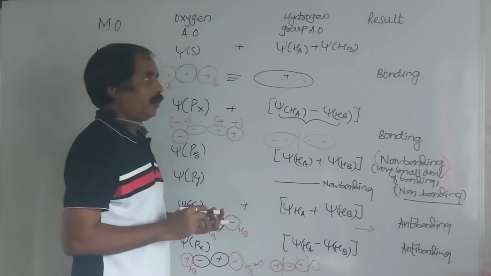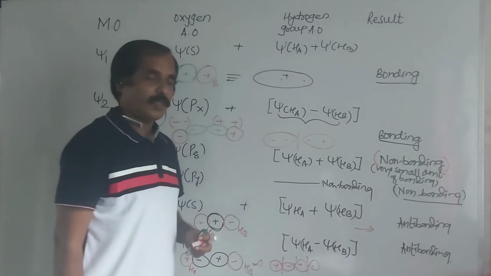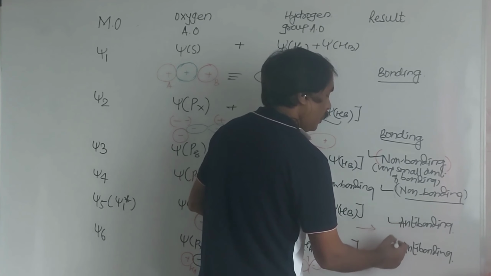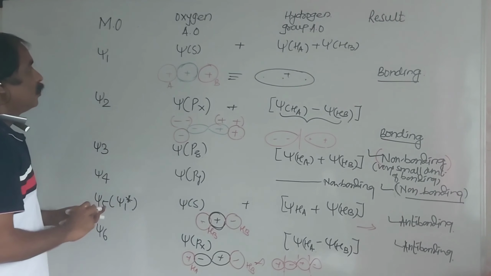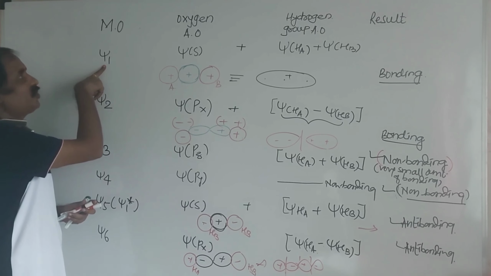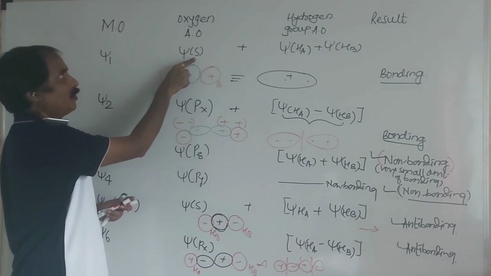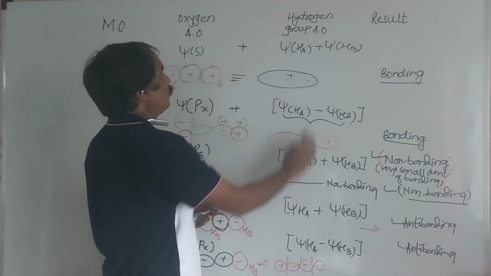So in case of water, two are bonding molecular orbitals, two are non-bonding, and the remaining two are anti-bonding. See once again, psi1 is the first molecular orbital. Here it is a combination of what? The wave function of the s atomic orbital and the group atomic orbitals of hydrogen having the same sign.